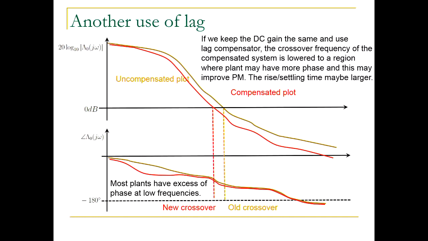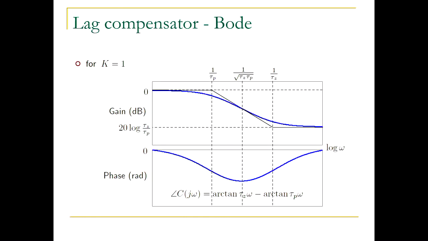Now, what you can also play with is gain, right? You can either have gain larger than 1 or gain equal to 1. If the gain for the compensator is equal to 1, you will exactly get this picture for the compensator. How do you see that? Well, on the magnitude plot, when k is 1, then the logarithm of 1 is 0.